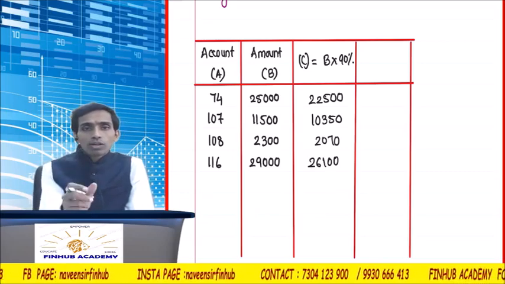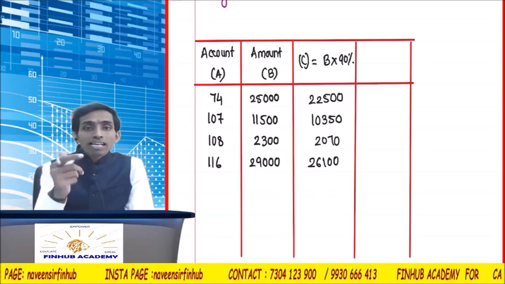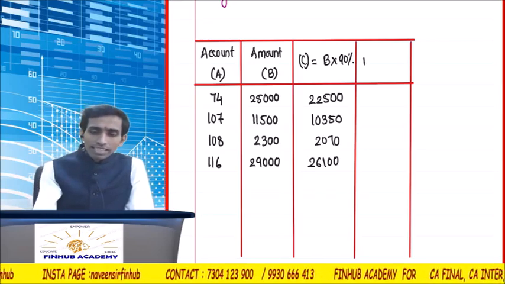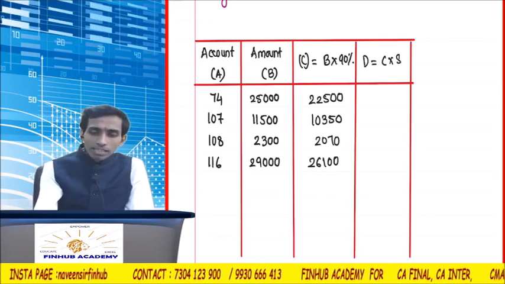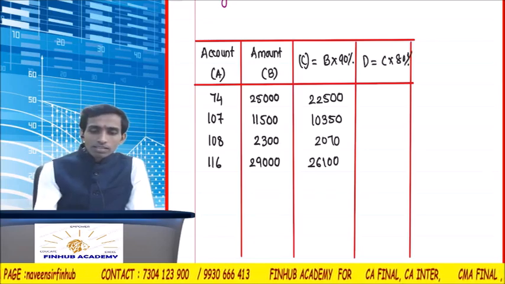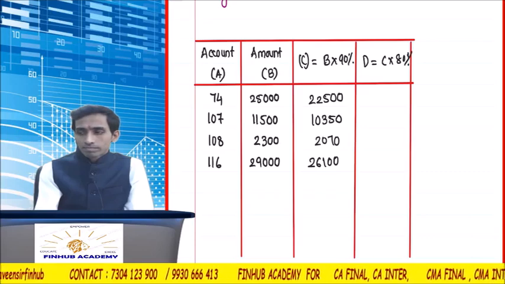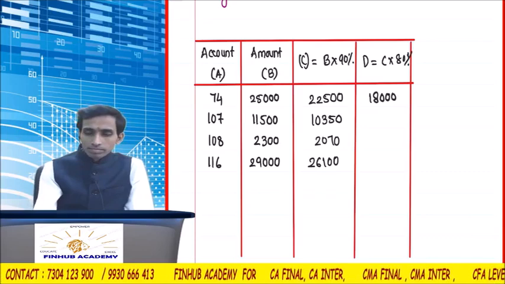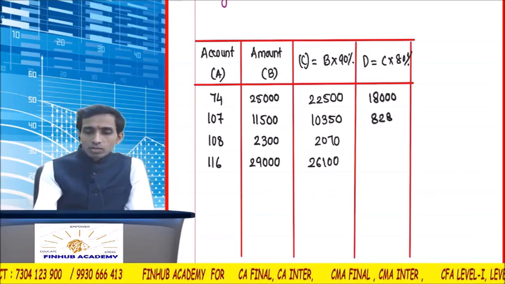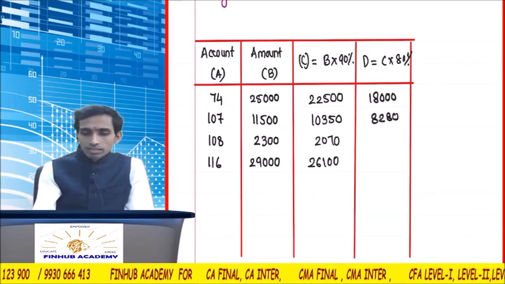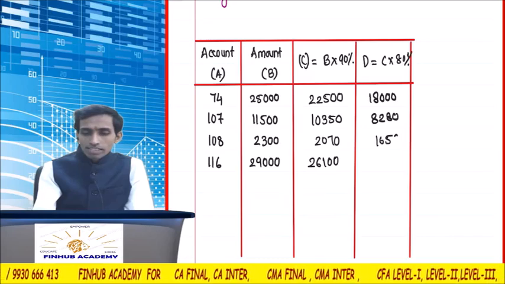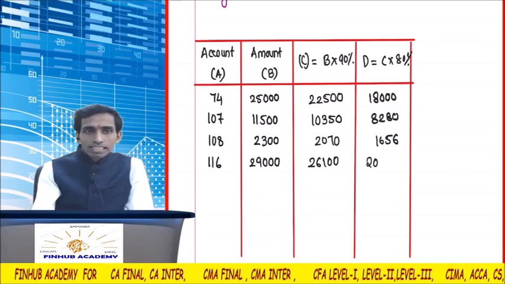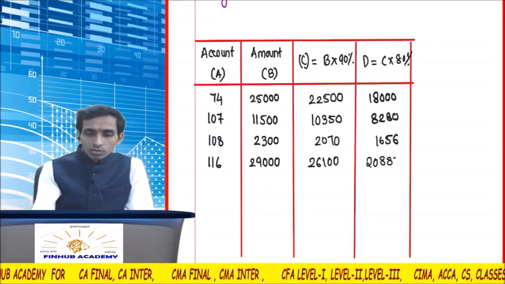Now these are good account receivable. Out of this, bank will lend me how much? 80%. Very easy question. D is equal to C multiplied by 80%. 18,000. 8,280. 1,656. 20,880.